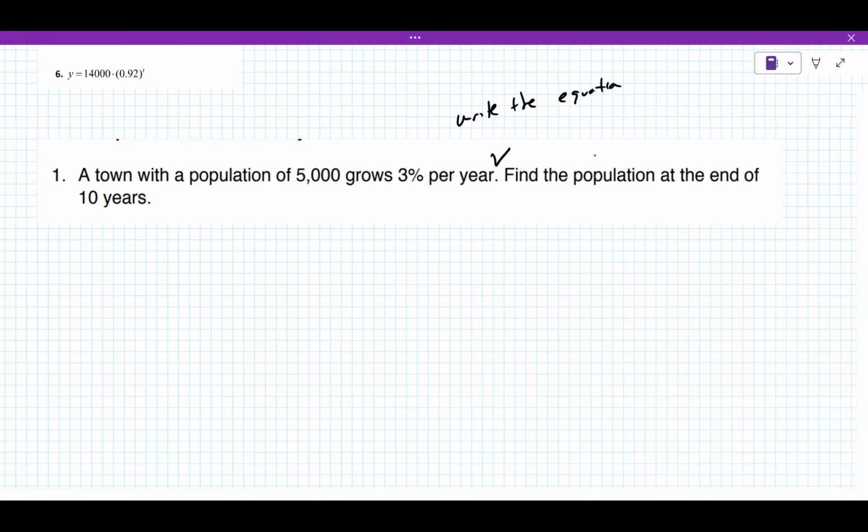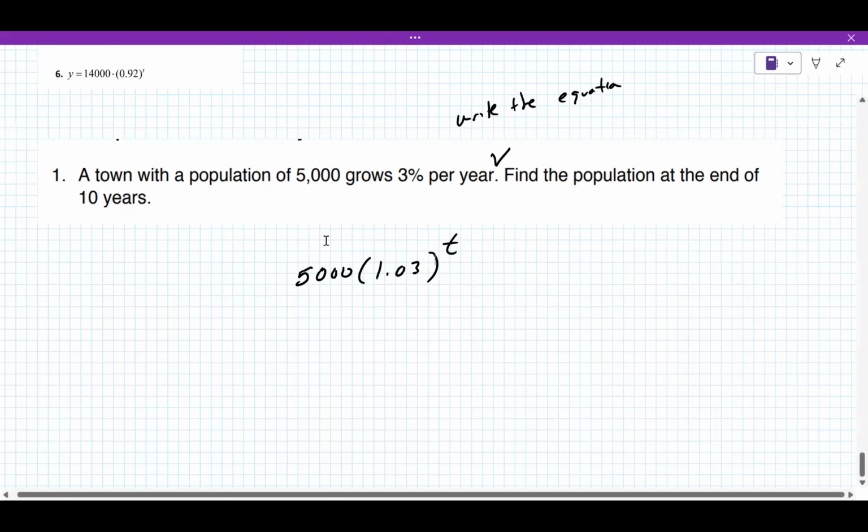Is it 5,000 parentheses 1.03 to the exponent of 10? So the equation would have t, and then if you wanted it in 10 years, it would be 10. Okay.